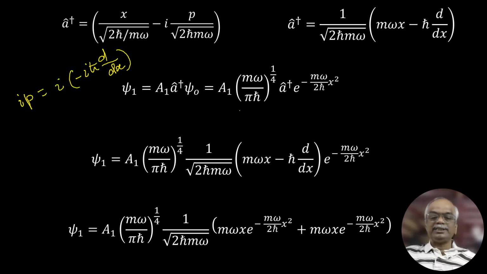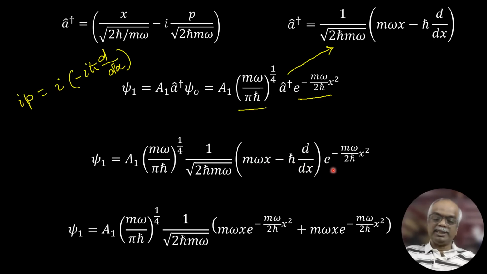Just now we have seen psi naught is this one: the constant m omega over pi h cross power 1 over 4 times e power minus m omega over 2 h cross x squared. Now you replace this a dagger by this parameter: 1 over square root of 2 h cross, m omega x minus h cross d by dx.